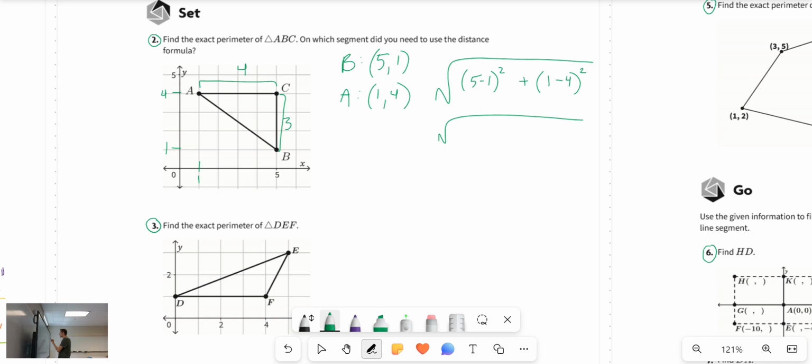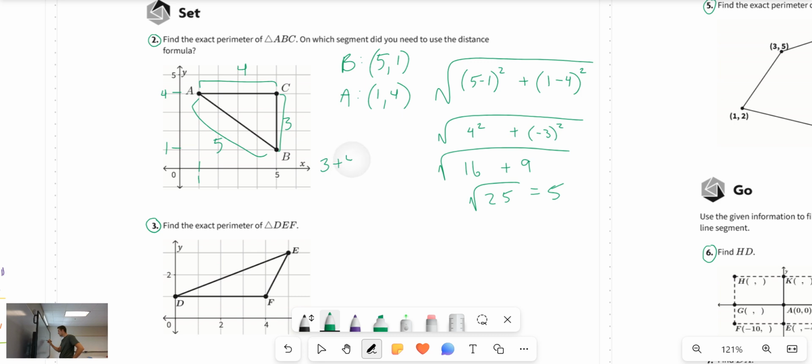If we do this out, we end up with the square root of 5 minus 1 is 4, so 4 squared plus, and then this is -3 squared. This is the square root of 16 plus 9, the square root of 25, which equals 5. All right, so our last distance here is 5.